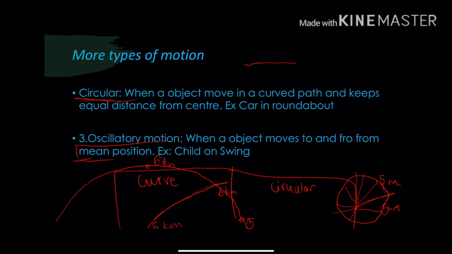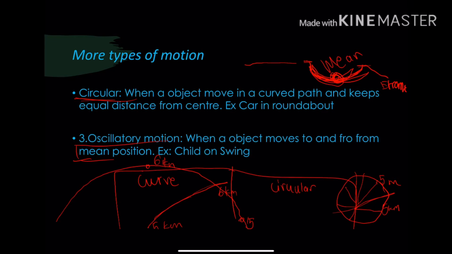For example, let me show you guys an example of oscillatory motion. This is extreme, mean, extreme. When an object moves like a pendulum, like this, the center is the mean position, and this is the extreme position.